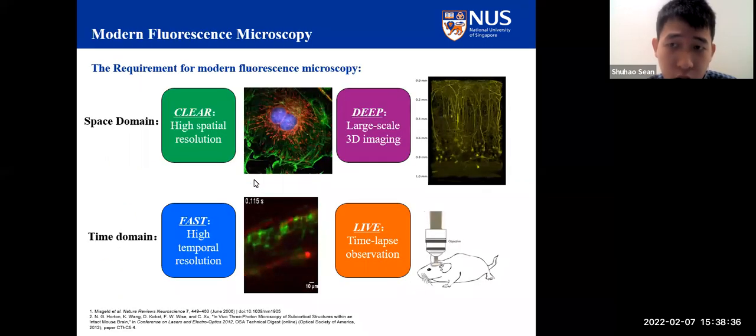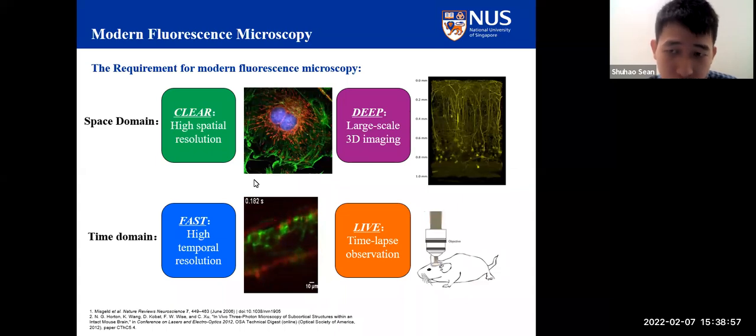Nowadays, among the biological research community, there is a growing need for fluorescence imaging that is expected to fulfill four requirements: clear, deep, fast, and live.